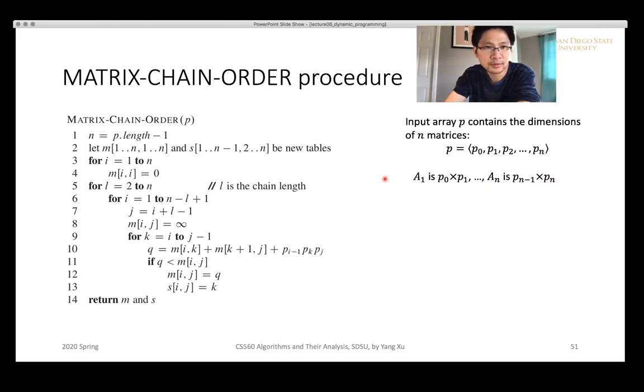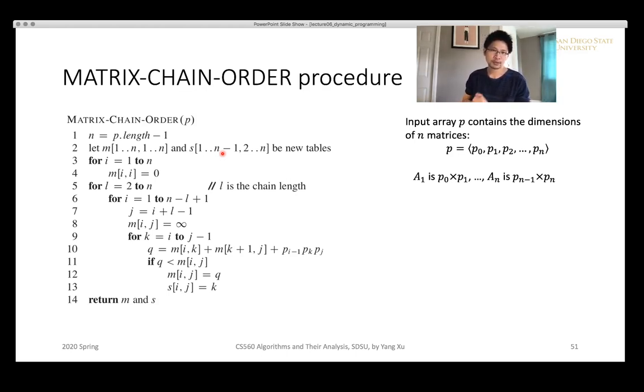In the second line, we initialize two arrays. The m array has n rows and n columns, so the two indices range from 1 to n. And the s array is also a 2D array. These two tables will be used to store the solutions to the subproblems.